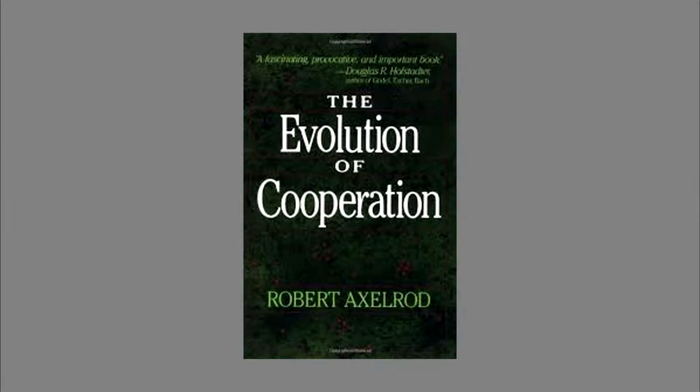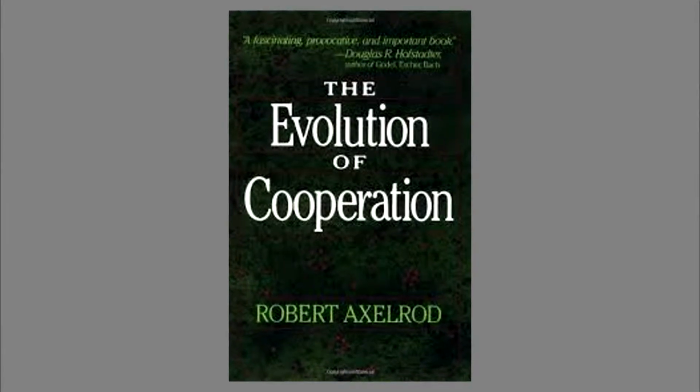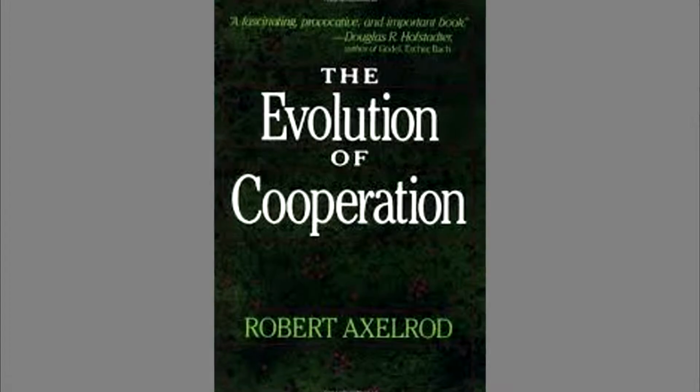He was a political scientist. He organized a tournament where a bunch of computer programs repeatedly played the Prisoner's Dilemma game against each other. The goal was to have the most successful program playing Prisoner's Dilemma over and over again.